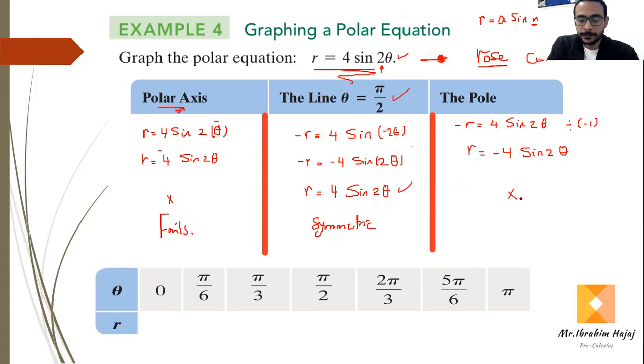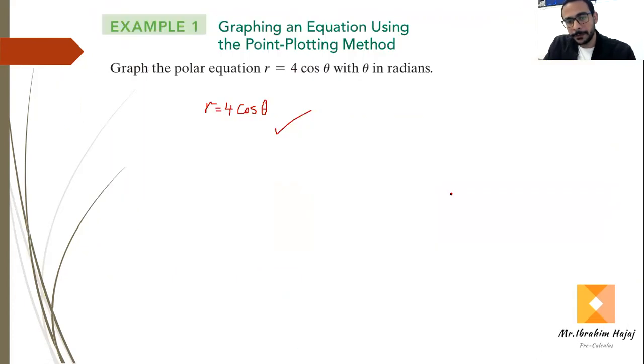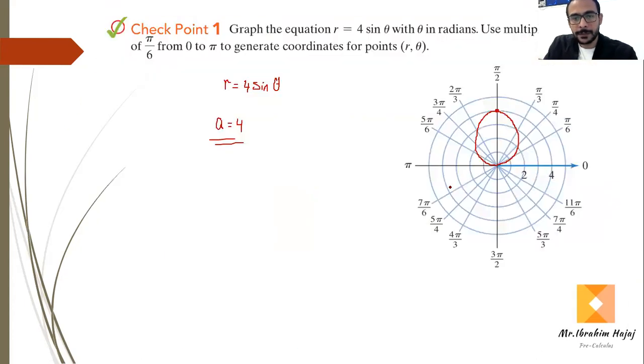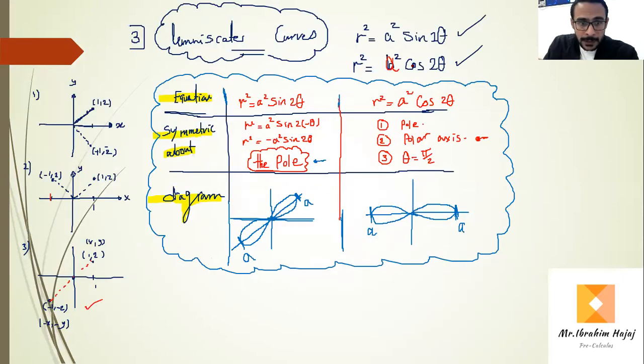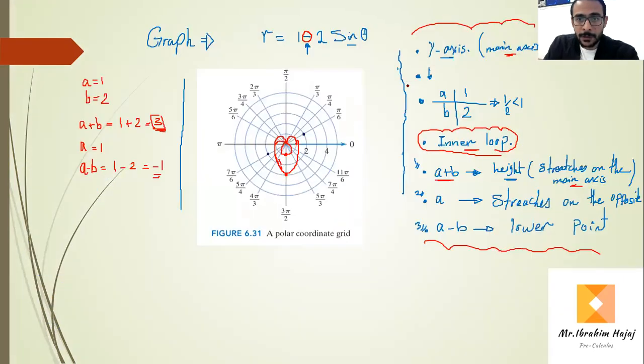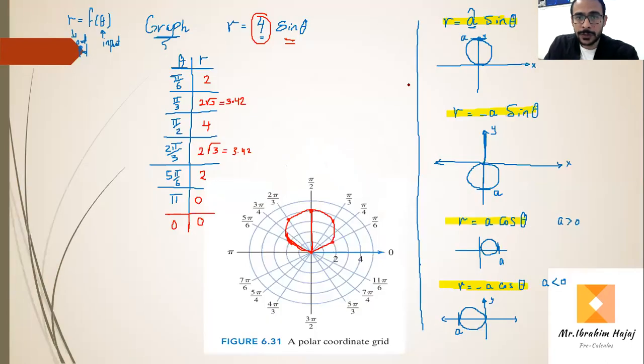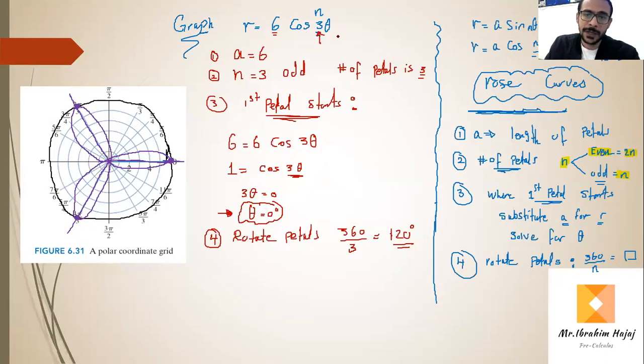Then to graph this equation, let's use our steps. Moving back to my explanation from the last 2 days, rose curves are like 6 cosine 3 theta.